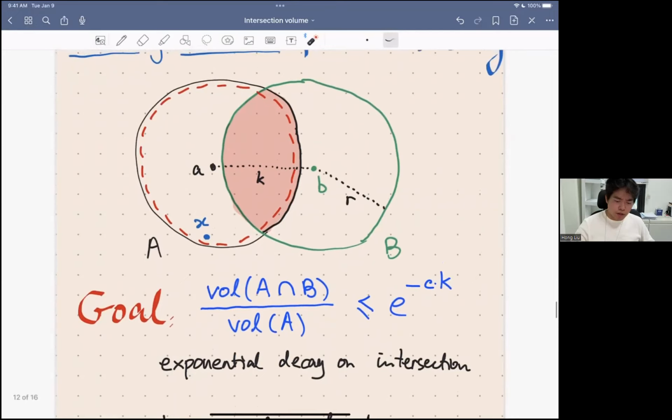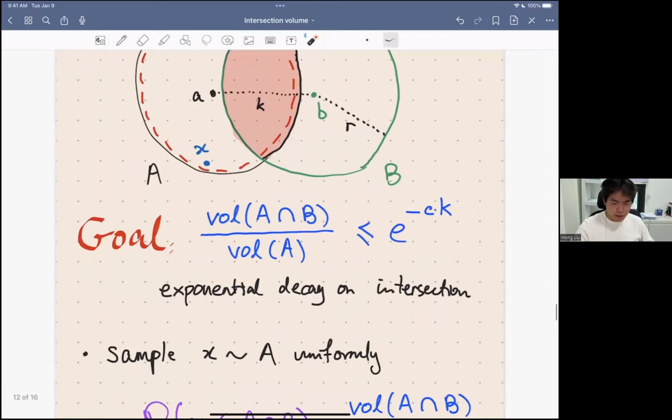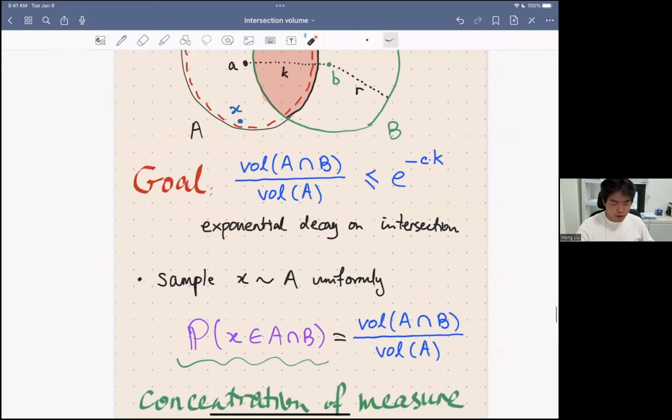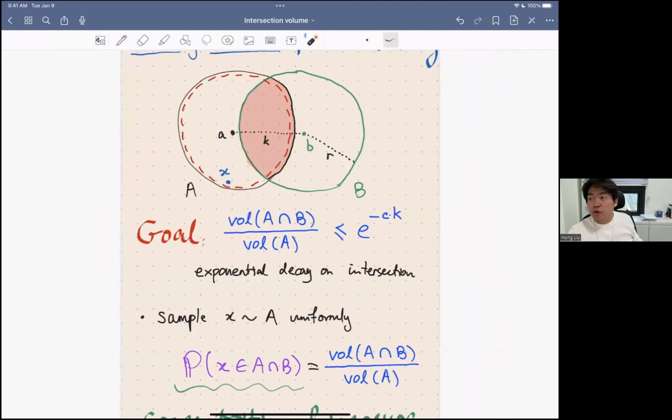This is our goal. So how do we phrase this in a probabilistic way? It's actually very easy. We can phrase it in the following way. We're going to sample a point X uniformly at random from one of these balls, let's say A. This is my notation for sampling uniformly from A. Then the probability that X lies in A intersect B, in the intersection, is precisely the ratio of the intersection versus the original ball.